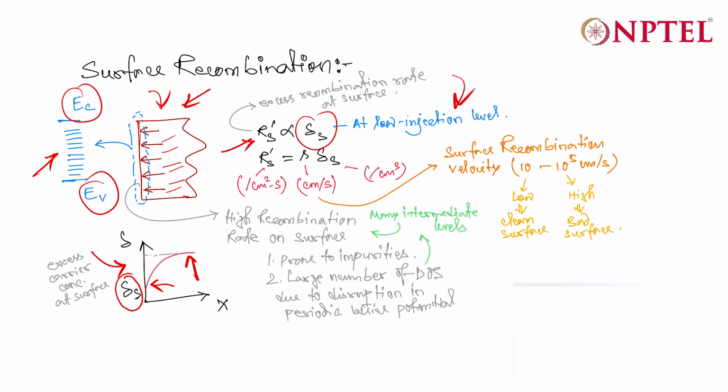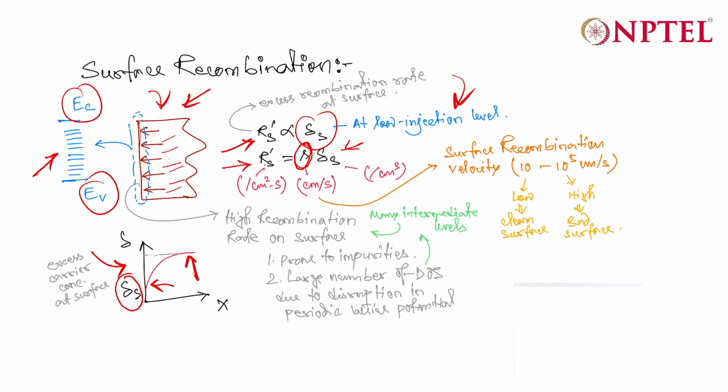I am not deriving the entire equation; just take it for granted that Rs dash will be proportional to the excess carrier concentration. So you can write Rs dash is equal to a constant into delta S, and if you consider the dimensions of R dash and delta S, you will find the dimension for this constant is centimeter per second.